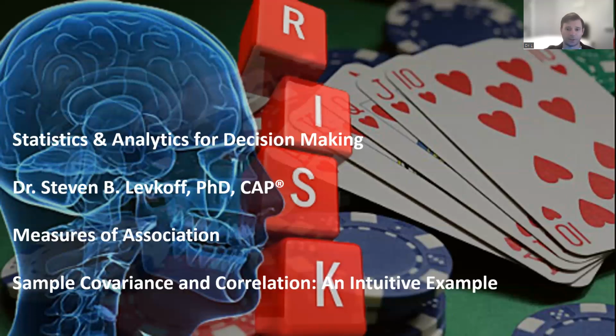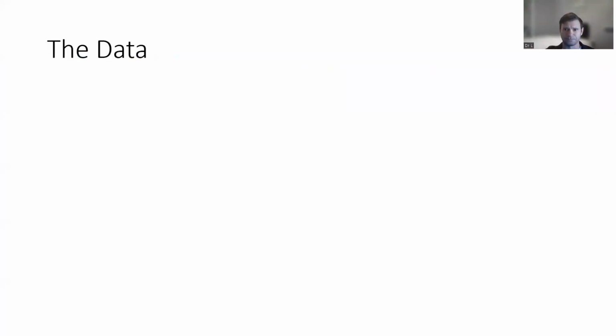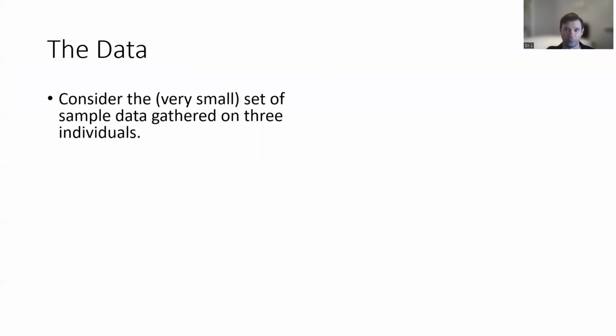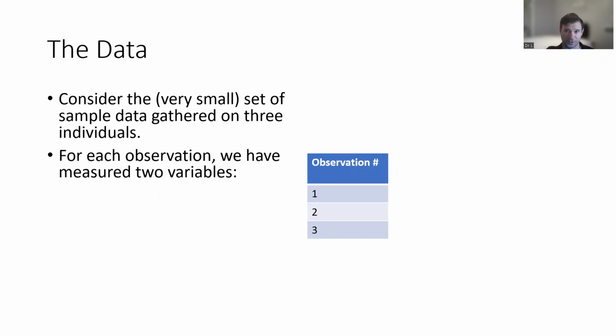Let's go ahead and start by taking a look at the data set. When I said very small data set, I was not kidding. We are going to be dealing with only 3 observations in our data set. But for each observation, we're going to measure not 1, but 2 different characteristics.